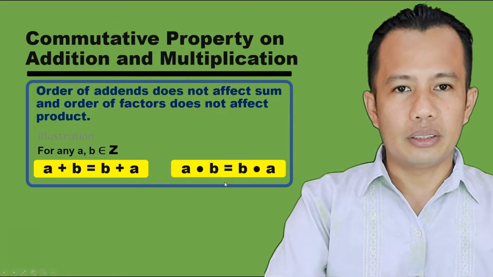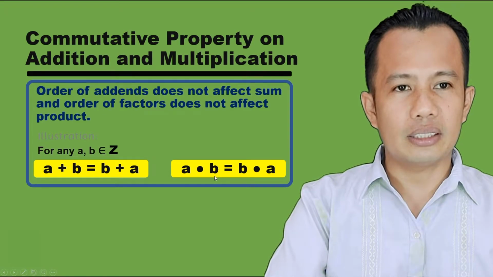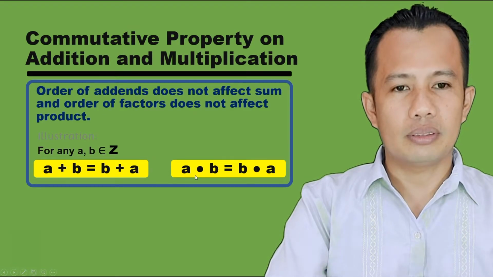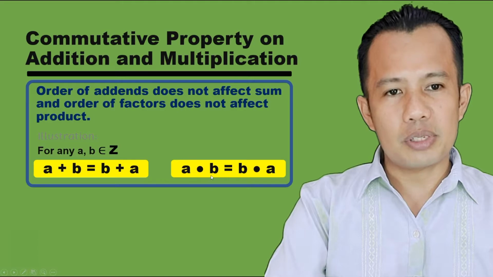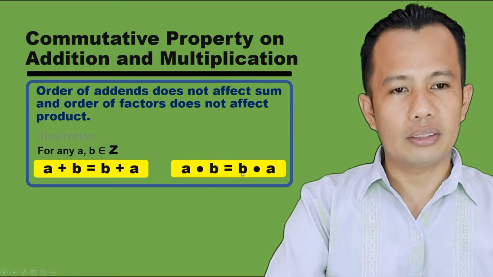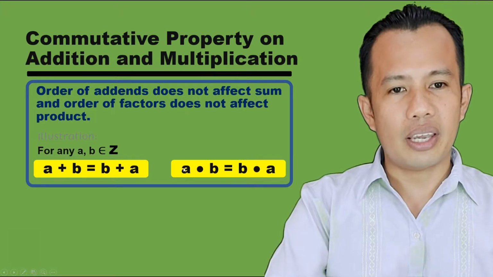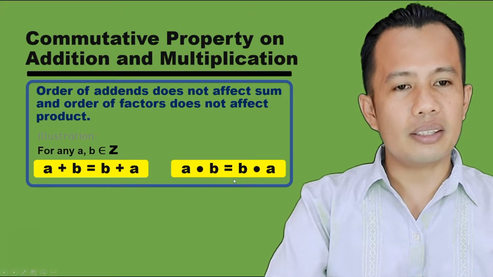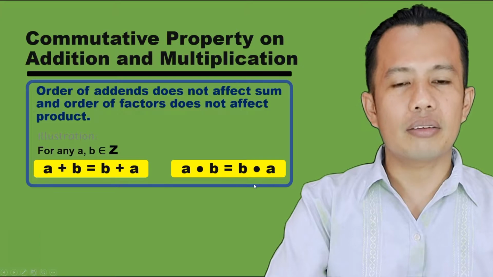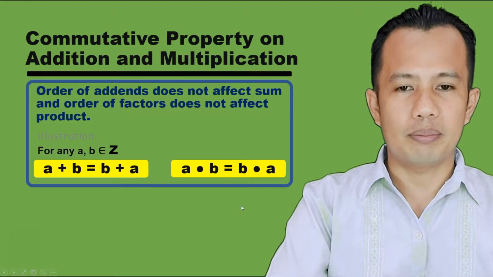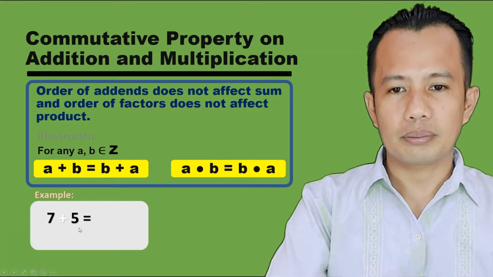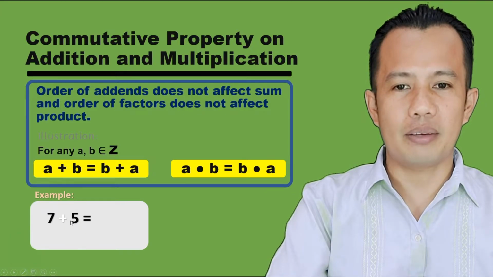In multiplication, order of factors does not affect product. Shall we say a times b is equal to b times a. Even if we reorder a and b as the factors, the product will still be the same. For example, 7 plus 5.